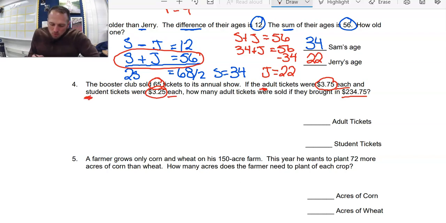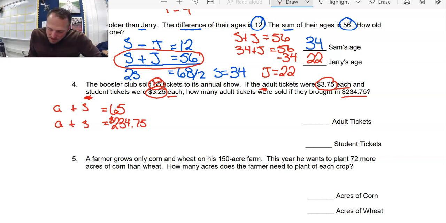Okay, so let's start putting this together. What were the totals in here? It said that they sold a total of 65 tickets, and altogether the total that they brought in was $234.75. I'm going to call the adult tickets A and the student tickets S. So it's probably going to be something like this.